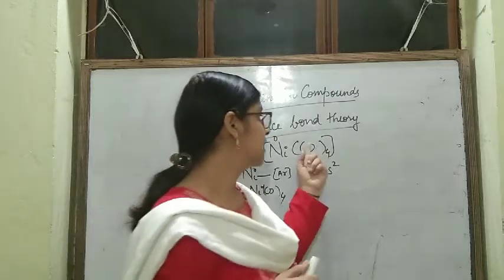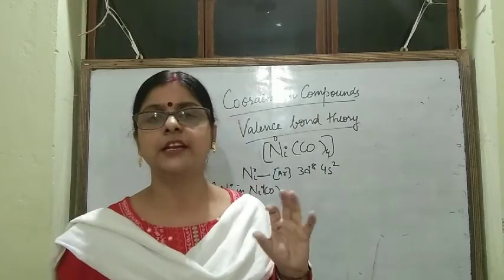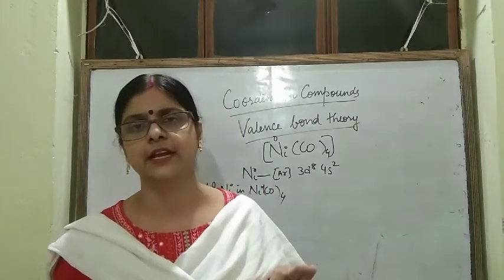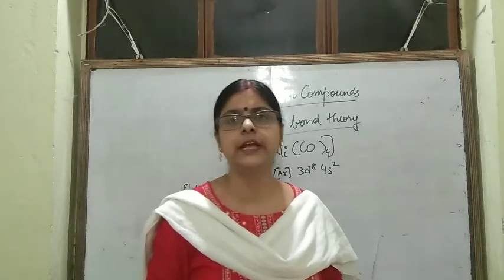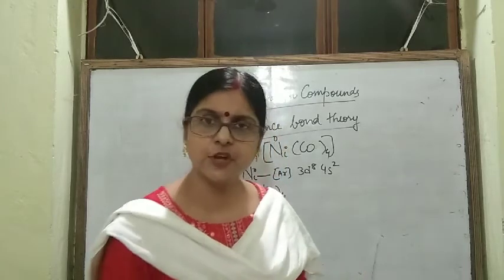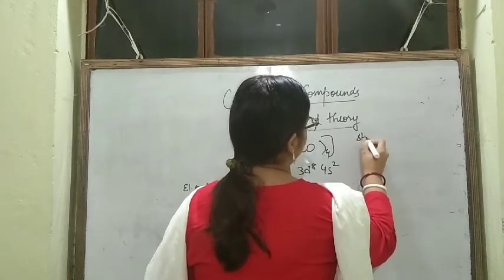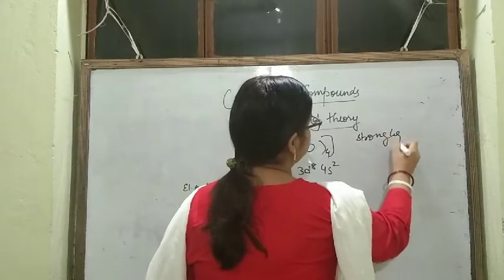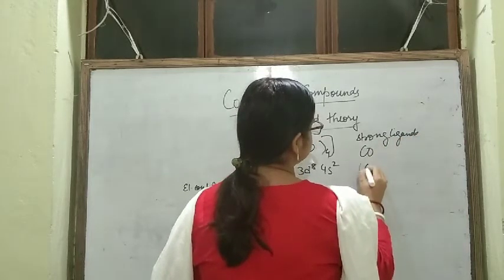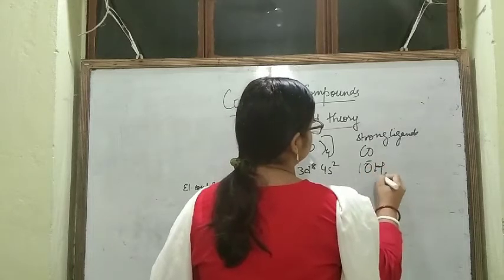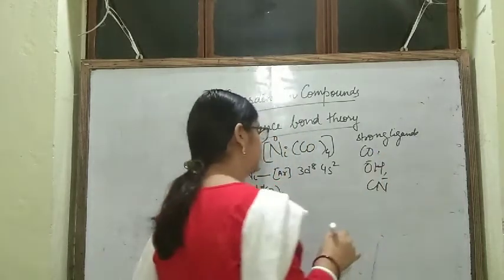Here I have taken the example of carbonyl. We should remember that carbonyl is a strong ligand. Similarly, cyanide is also a strong ligand, and hydroxide OH minus is also a strong ligand. So keep in mind some examples of strong ligands: carbonyl, OH minus, and cyanide.